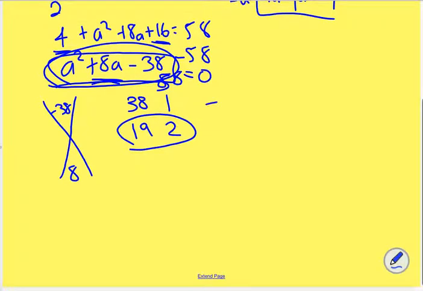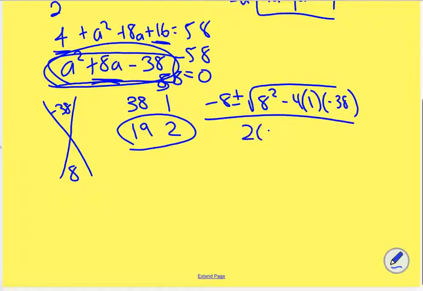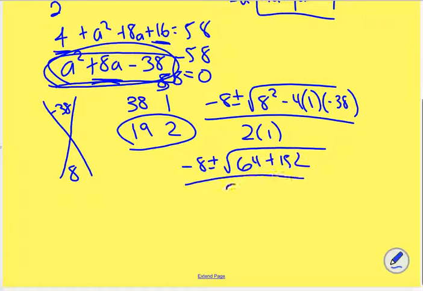So I go negative 8 plus or minus the square root of 8 squared minus 4 times 1 times negative 38, all over 2 times 1. So negative 8 plus or minus the square root of 64 plus 152, all over 2. So negative 8 plus or minus the square root of 216, all over 2.